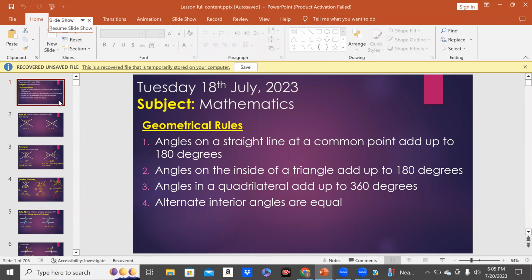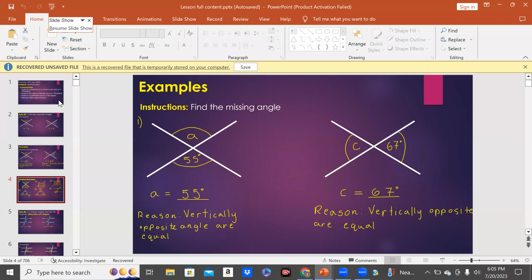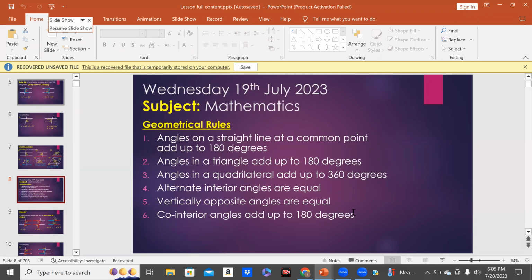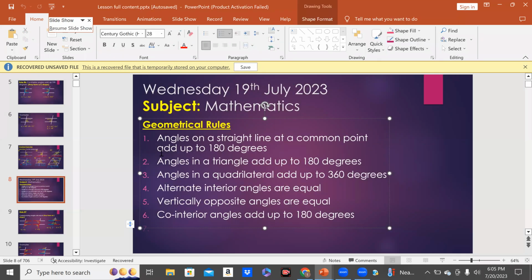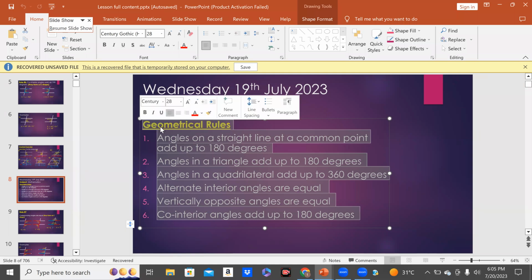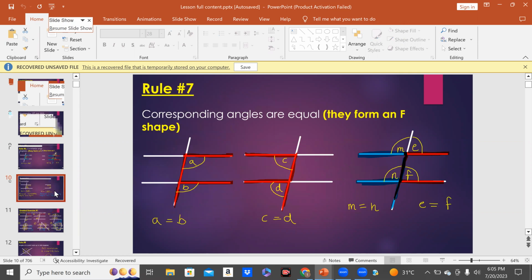We are still looking at geometrical rules. I don't know how much more than rules we have to do. We did all this yesterday. Okay, good, perfect. It's the perfect slide. So yesterday we looked at corresponding angles.